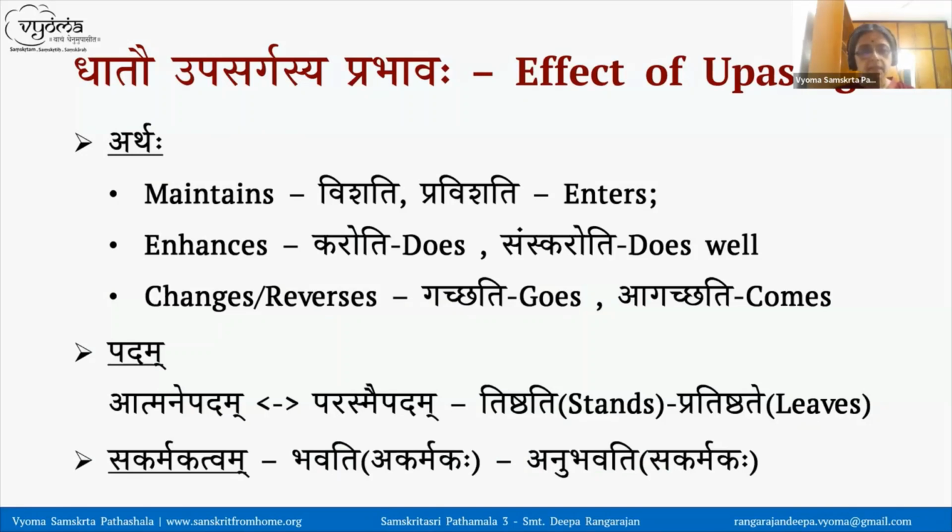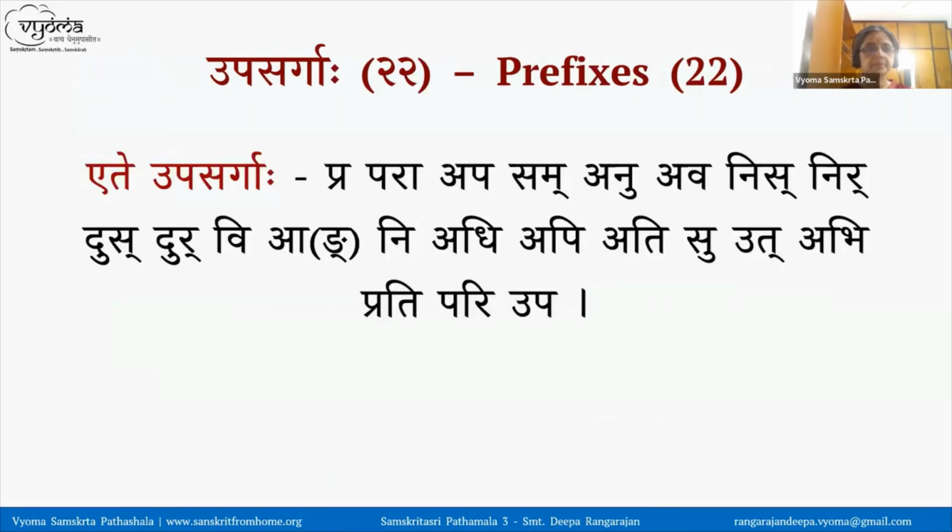And a dhatu can have either a karma pada or it need not have a karma pada. So if it does not have a karma pada, then it is an akarmaka dhatu. And if it has, it is a sakarmaka dhatu. There can also be a dvikarmaka dhatu. So by adding an upasarga, it can change from an akarmaka to sakarmaka and also vice versa.